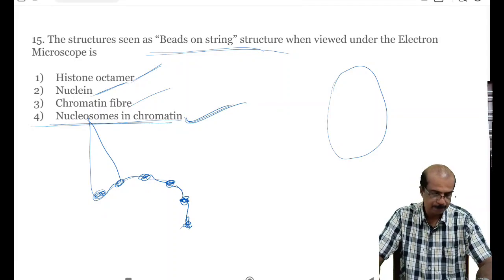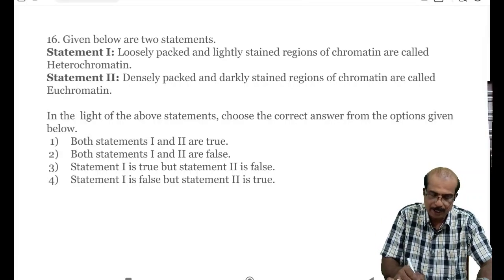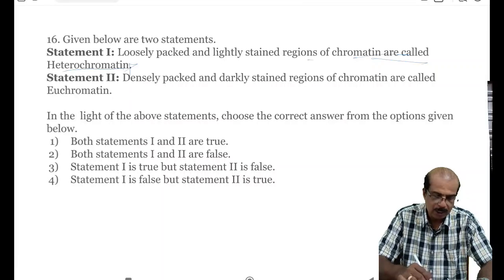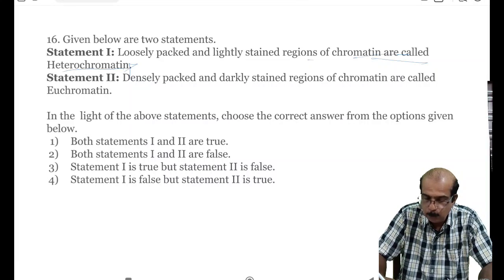Moving to the next question. It is a statement type question. Loosely packed and lightly stained regions of chromatin are called heterochromatin. Wrong one. Here, loosely packed, lightly stained regions of chromatin which are transcriptionally active are called euchromatin.